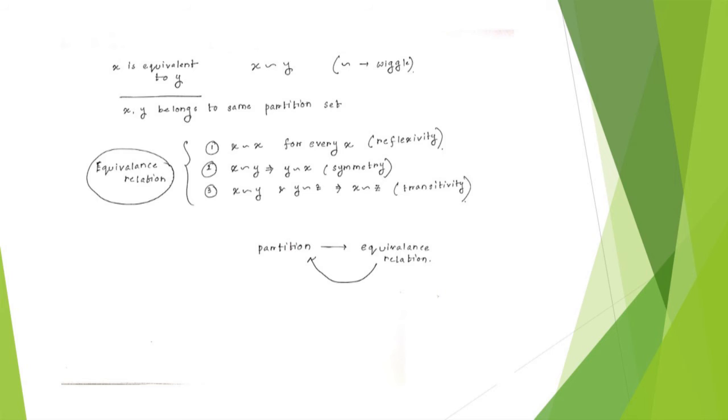And the third one: x wiggle y and y wiggle z. So x wiggle y means x and y belong to the same partition, and y wiggle z means y and z belong to the same partition. Now since the partitions are disjoint, x, y, z all belong to the same partition, and this means x and z belong to the same partition, that is x wiggle z.